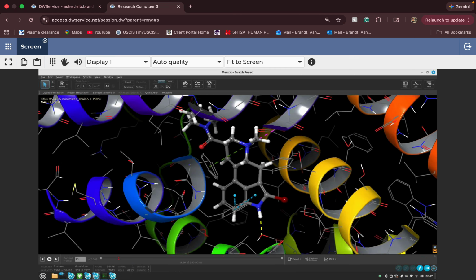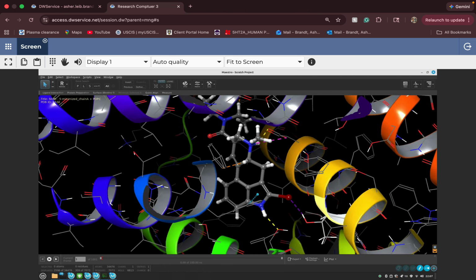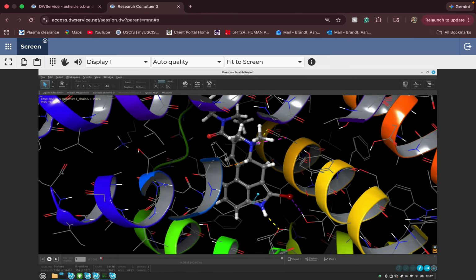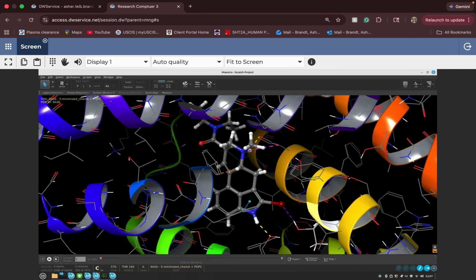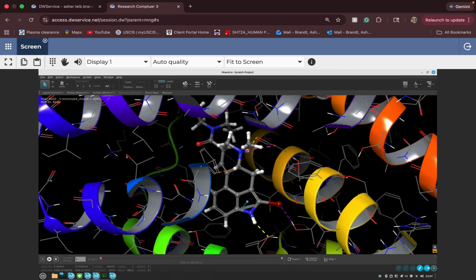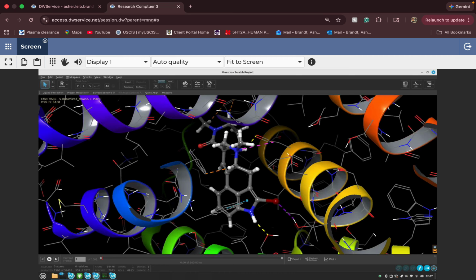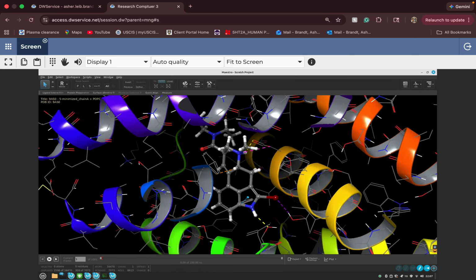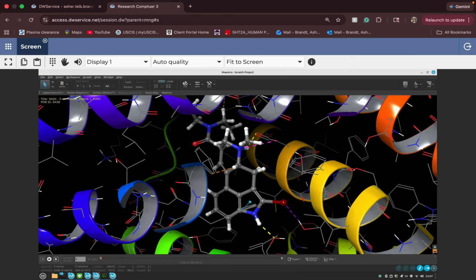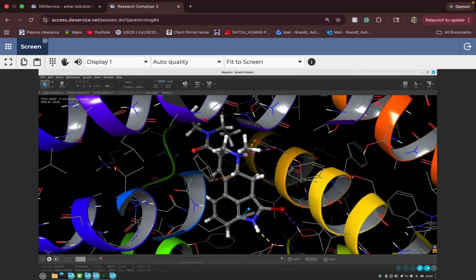Let's pull it back to frame 1. Probably about as good as I'm going to get the frame. But here's what we're talking about.